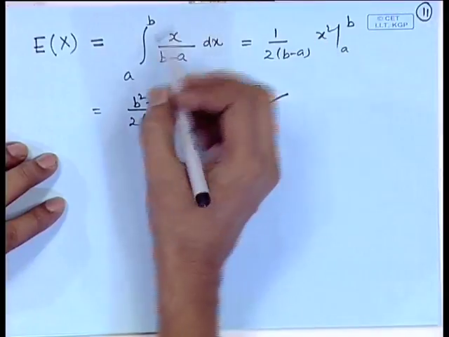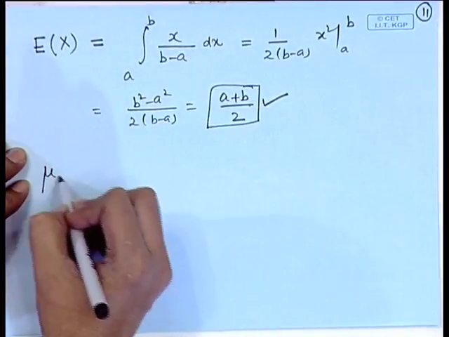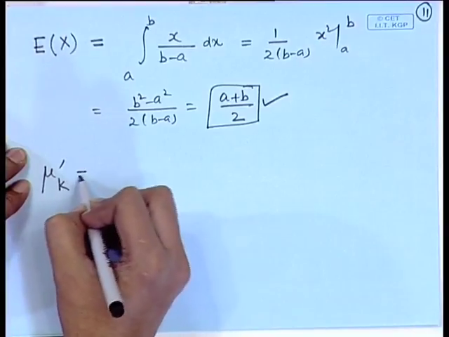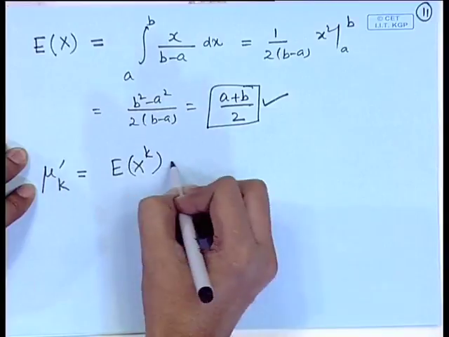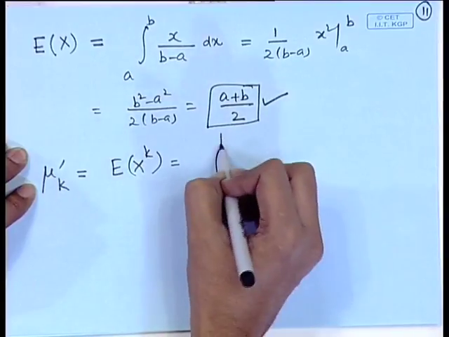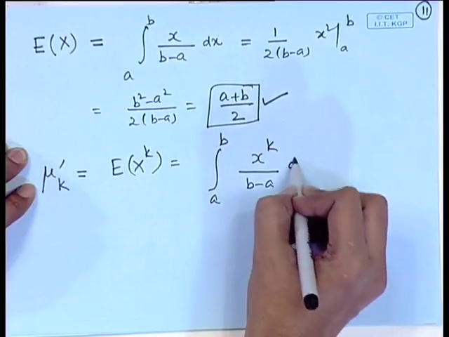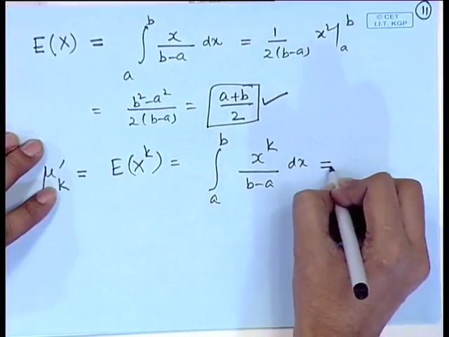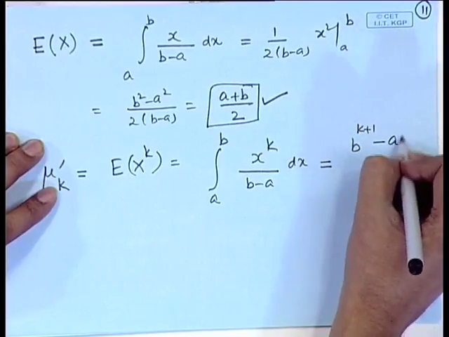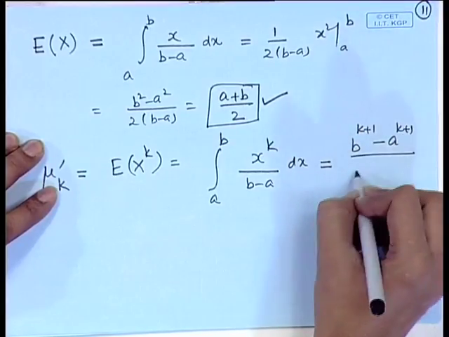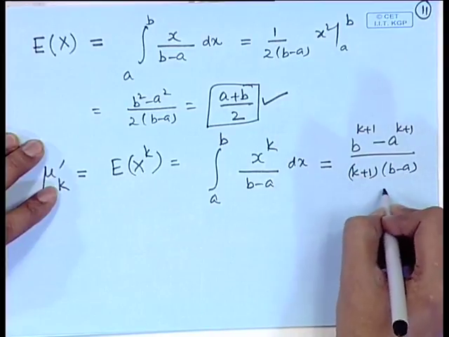Now, since it is a finite interval, we can look at the moment of any order here. The moment of any order will exist: the integral of x to the power k divided by b minus a dx. So, this is equal to b to the power k plus 1 minus a to the power k plus 1, divided by k plus 1 into b minus a.